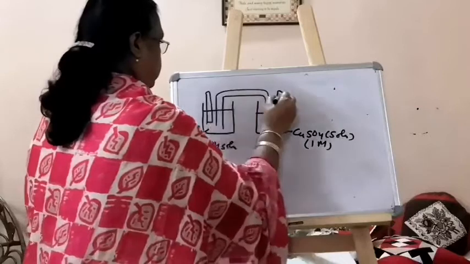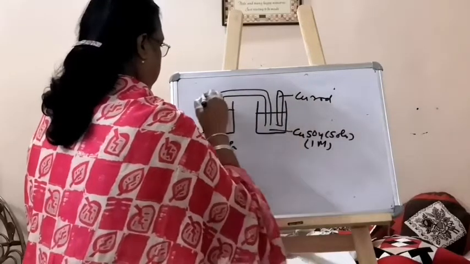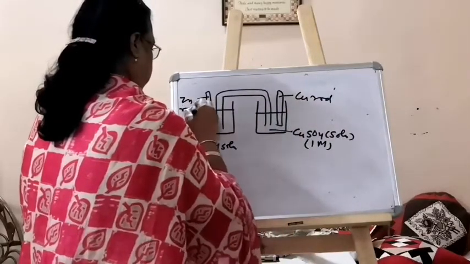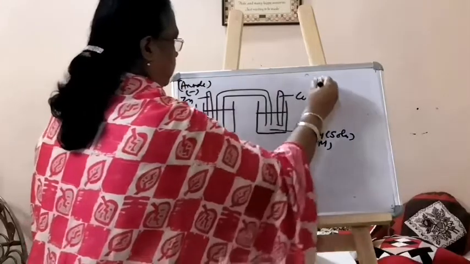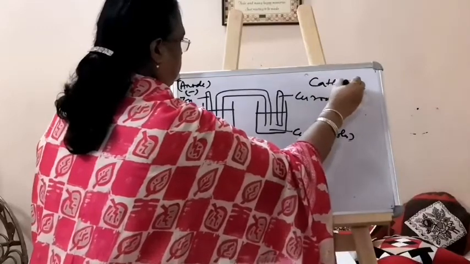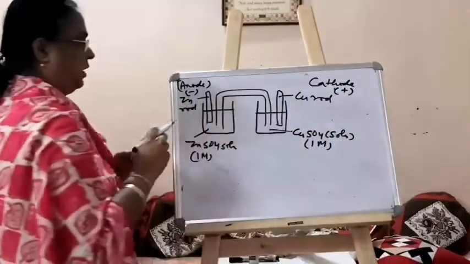This is your copper rod and this is the zinc rod. This is the anode which is negative, and this is the cathode which is positive. This is opposite from the electrolytic cell.